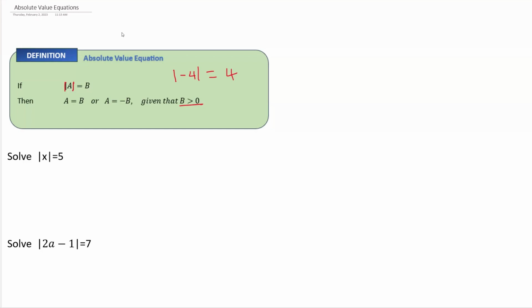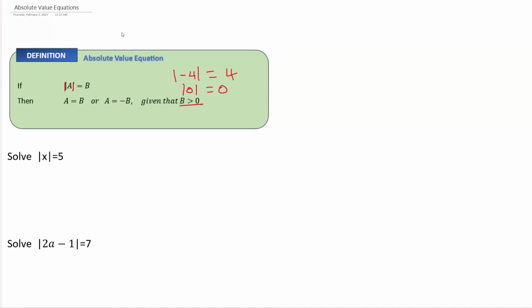Well, the absolute value of 0 is 0, yes? Here we want to solve the absolute value of x equals 5. What this is saying is: what value of x, when you take the absolute value of it, gives you 5?